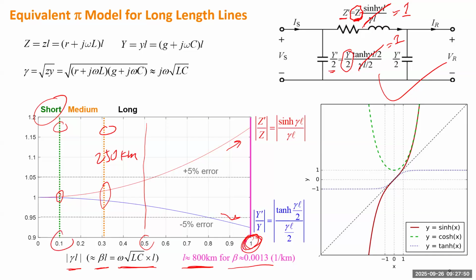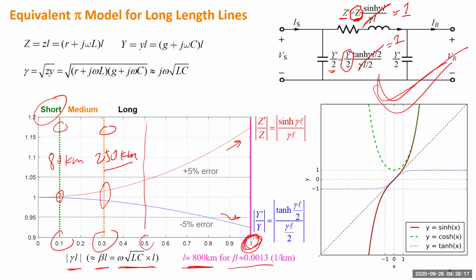So 0.1 means 80 kilometers, right? 0.3 is about 250 kilometers, right? Yeah. So ideally, if you want a very accurate calculation, you just always use this long line model for every line. It's completely good, right? No issue at all.